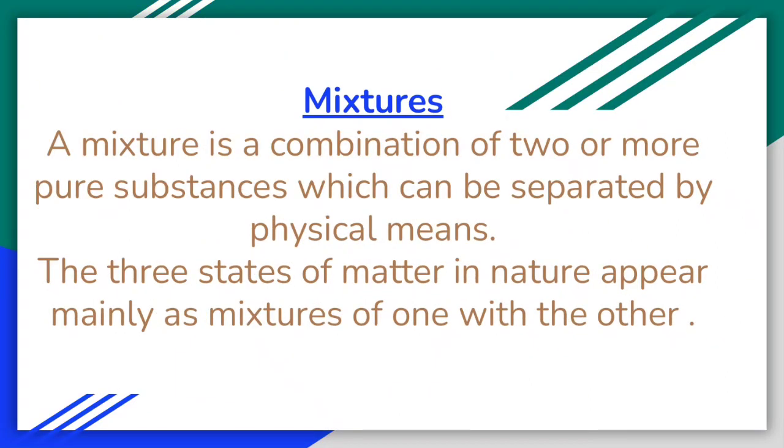Now, from there we can move on to mixtures. The word mixture comes from a combination of several things. And the correct definition for a mixture is a combination of two or more pure substances which can be separated by physical means. A very good example is maize and beans. Looking at maize and beans, each one of them has retained their physical properties.